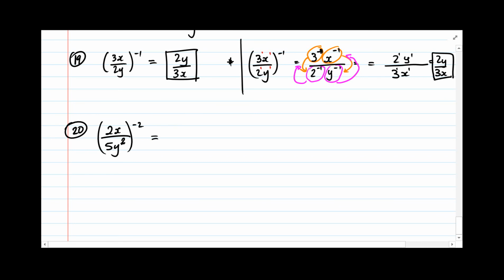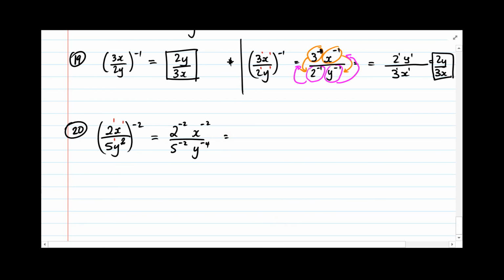Right. So let's again look at this in two ways. Bearing in mind, I know you're getting tired of this, but whenever you don't see a power, it is to the first power. So we could do it this longer way: 2 to the -2, x to the -2, 5 to the -2, and y to the -4.